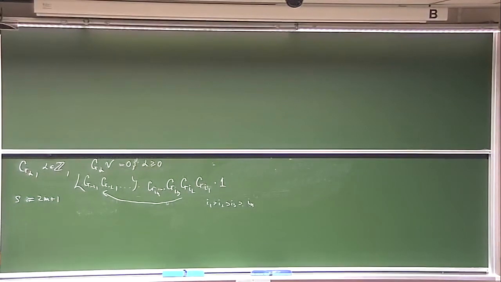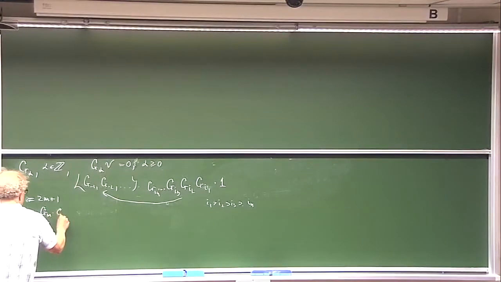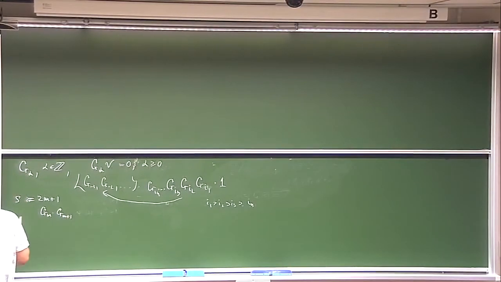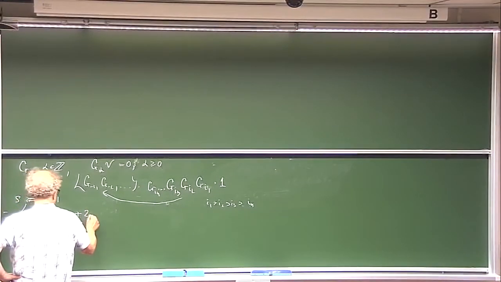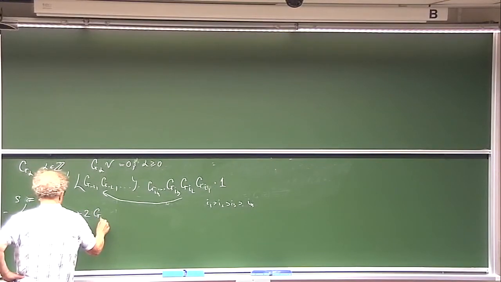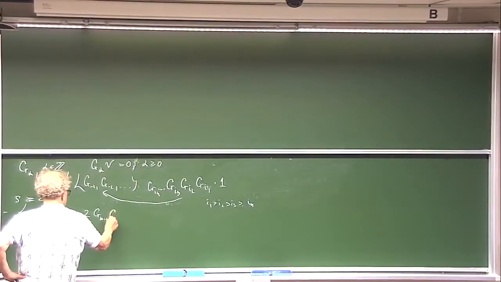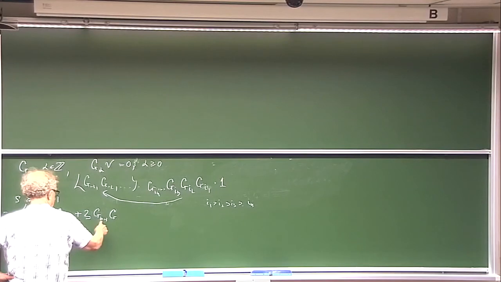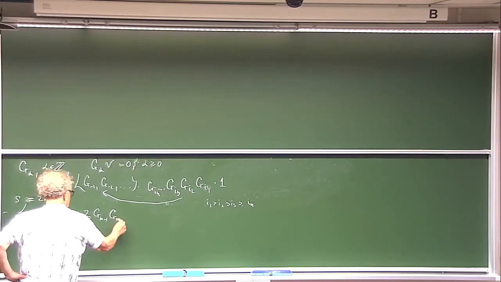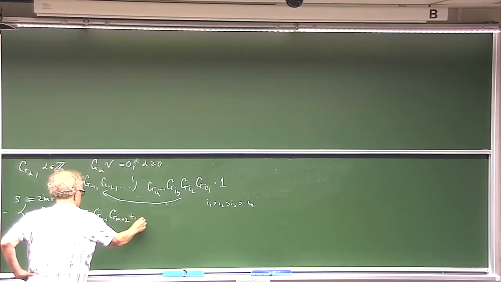Then this relation, what is this? It is G_m times G_(m+1), and the difference is minus 1 in this case, maybe with a minus in front. And then plus we have 2 G_(m-1), and here maybe 3 we have, G_(m-1) G_(m+2), plus and so on.